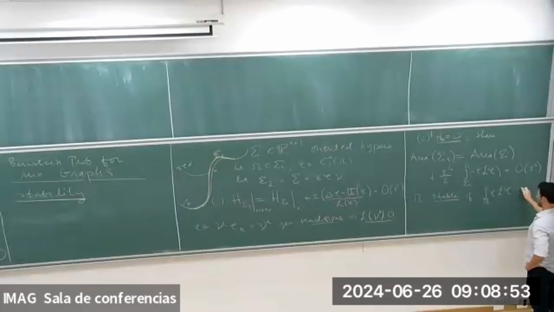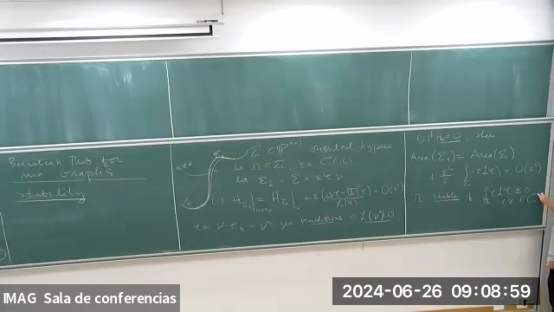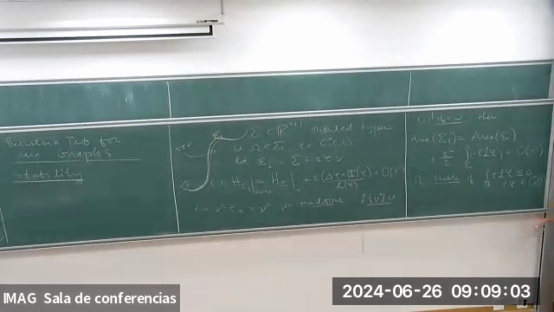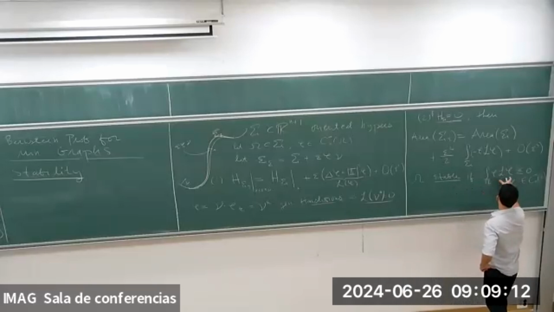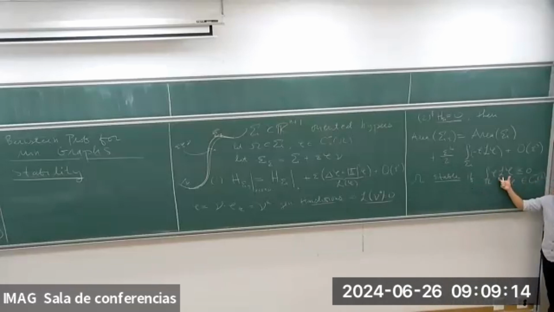So minus sign. Okay, so we've seen this in previous lectures. Let me just remark that this is equivalent to saying something about the eigenvalues of the operator L on the domain.